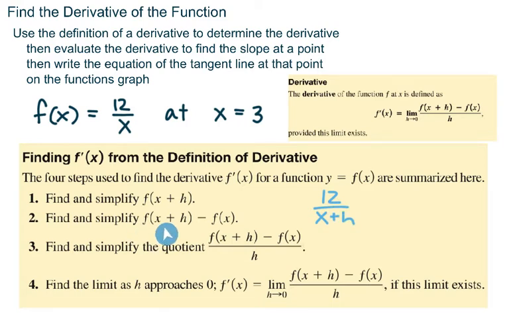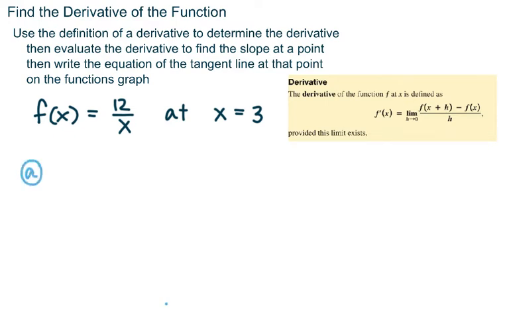Then we'll find the entire numerator: let's take f of x plus h and subtract from it the original function, so that would be minus 12 over x. We'll simplify this, then divide by h, then calculate the limit as h approaches 0. That's going to give us the general derivative of this function. You may want to pause and write this down, but I'm going to go ahead and get started.